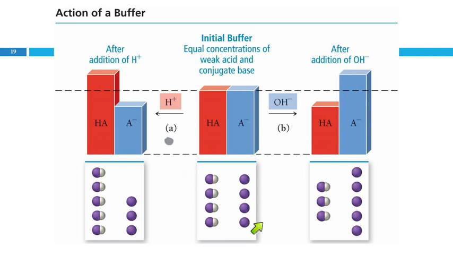So if I add a hydrogen to this, it's going to stick on one of these guys, right? That's what it's going to do. So now I'm going to have one less of these and one more of those. So over here, I've got 5 and 3 when I started with 4 and 4.